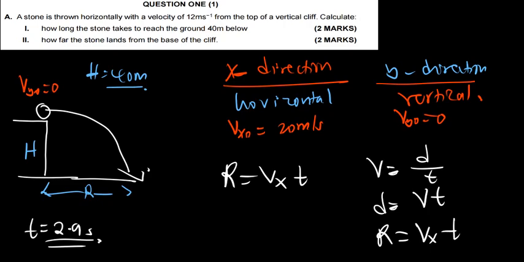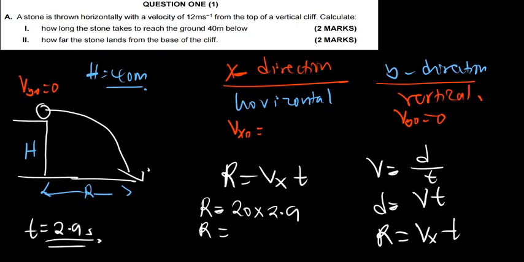Now I can clearly see that my Vx is 20, the time is 2.9, so my range will be 2.9 times 20. Oh, it's 12. My velocity is 12.